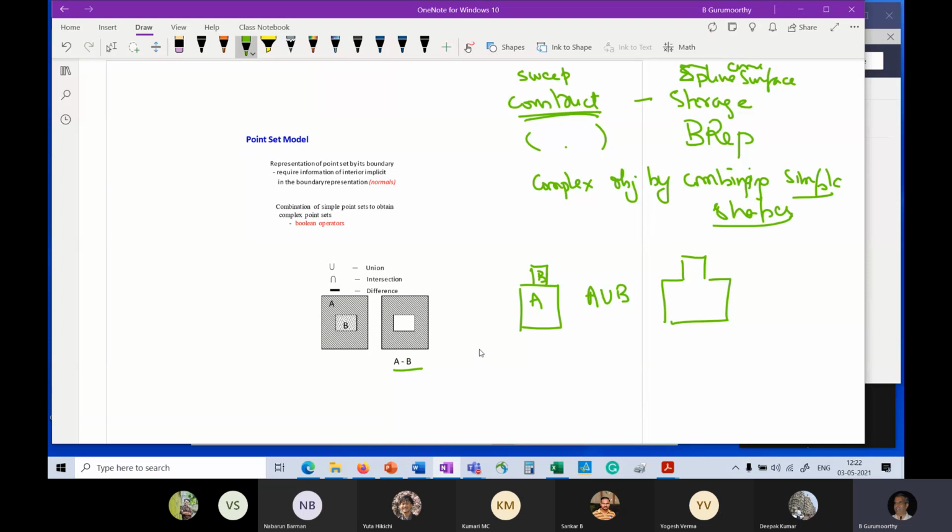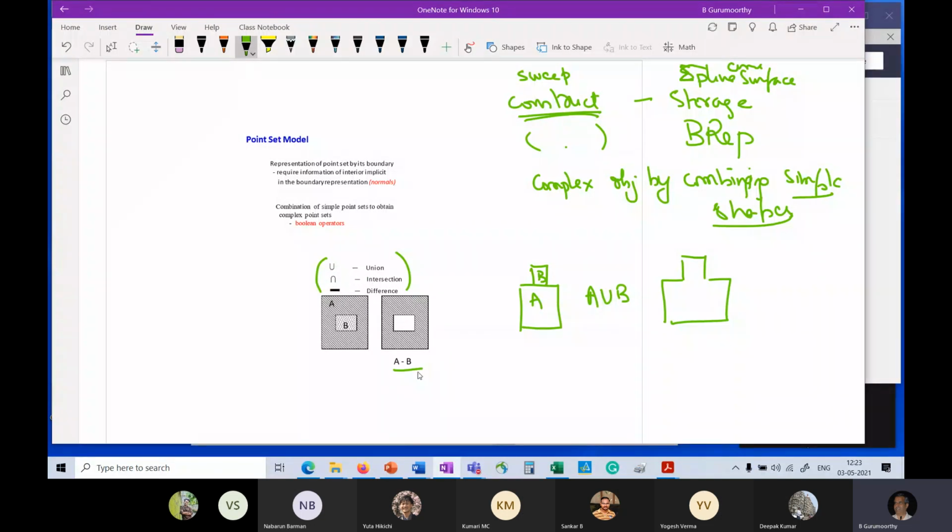Okay, so that's the idea, that I would like to combine simple point sets to make more complex shapes. And the combination we borrow from the algebra of sets that we learned in high school, because these are also point sets. Therefore, the combinations would follow the Boolean algebra that we learned, where I can have a union of two sets, an intersection of two sets, or a difference of two sets.